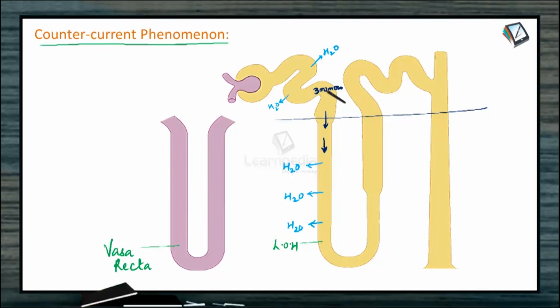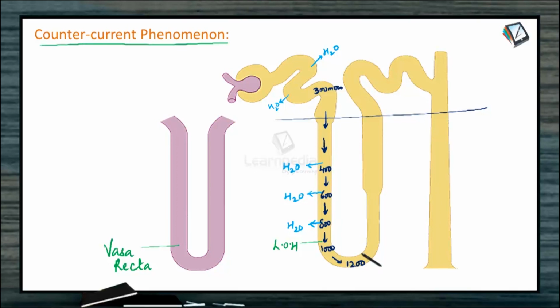Thus, the concentration changes from 300 milliosmoles to 400, then to 600, then to 800, and goes on increasing to 1000 and 1200. So as the filtrate goes down, water is absorbed and the concentration of fluid inside the tubules increases.